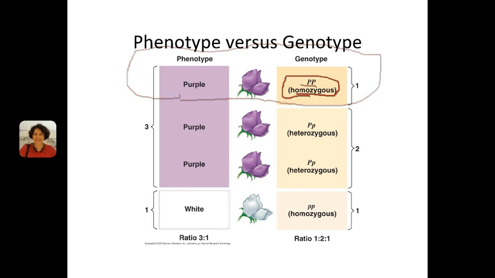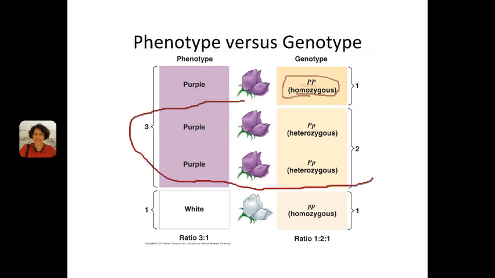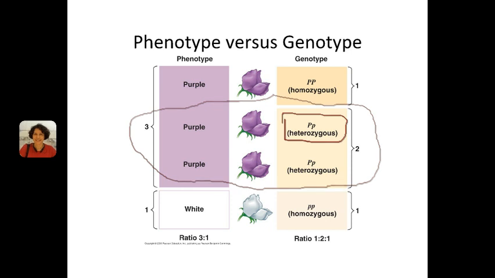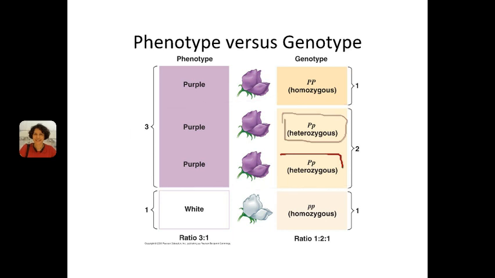Then there are 2 plants that also have purple flowers, and they look just like the one on top, but they are both heterozygous. They have one allele that determines purple flower, and the other allele determines white flowers, but it still is going to give a phenotype of purple, which looks exactly the same as the phenotype for the homozygous dominant plant.